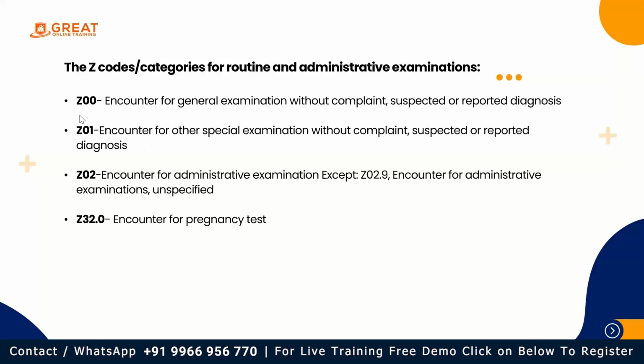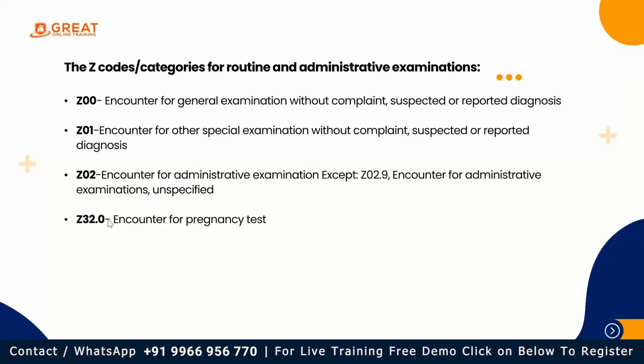The categories or examples are G00 encounter for general examination without complaint, suspected or reported diagnosis. G01 encounter for other special examination without complaint, suspected or reported diagnosis. G02 examination for administrative examination except G02.9 encounter for administrative examination unspecified.